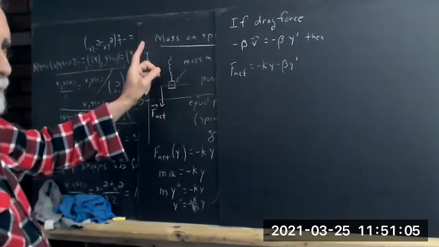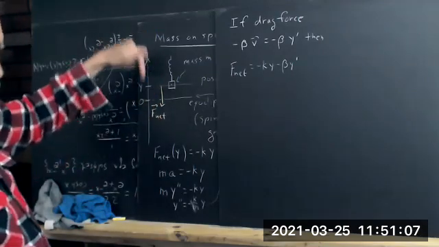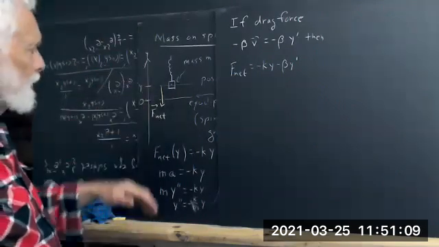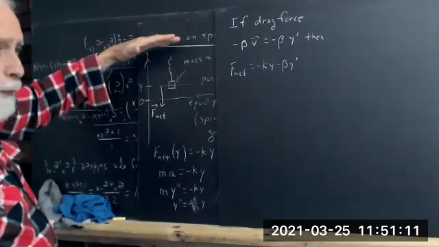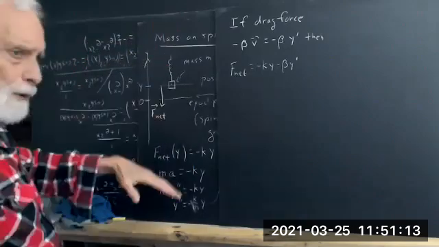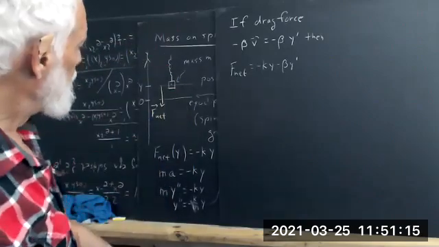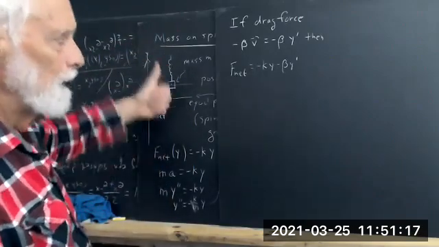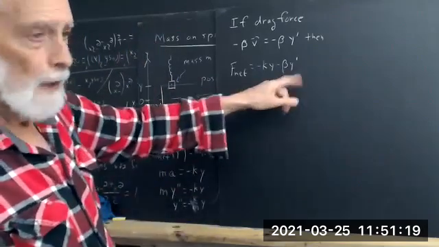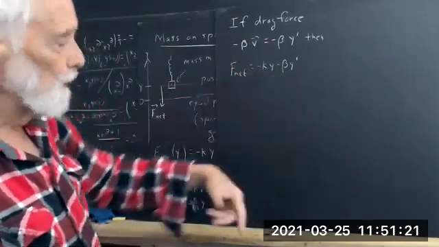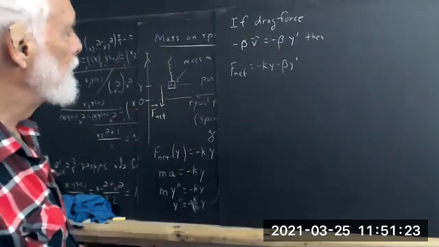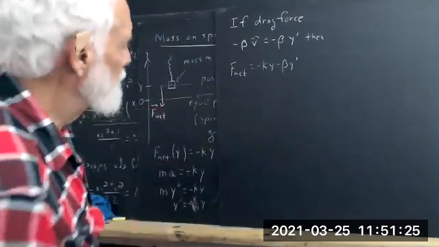Anyhow, if you're moving upward, then drag pushes you back this way. Just try moving your hand upward through water. You feel the force pushing down on your hand. And if you're moving downward, then your drag is going to be upward. Your y prime would be negative. The negative multiple of y prime would be positive. Okay, so there's your net force.